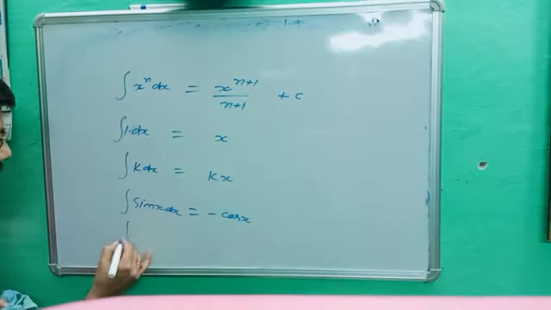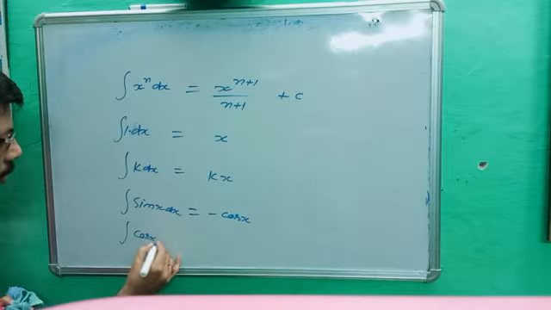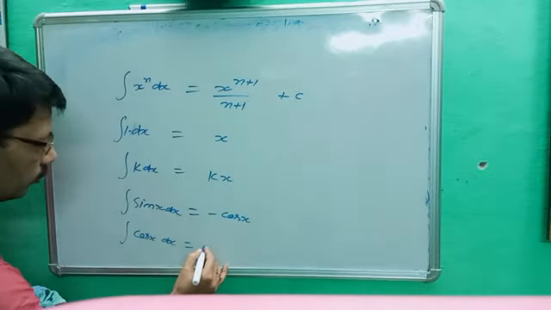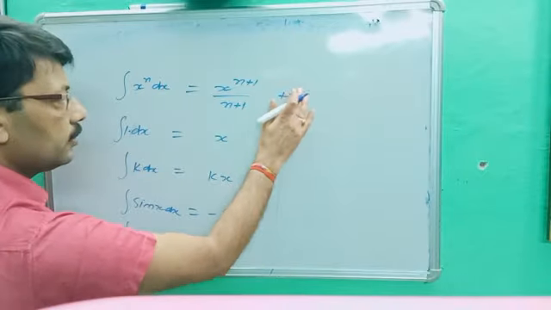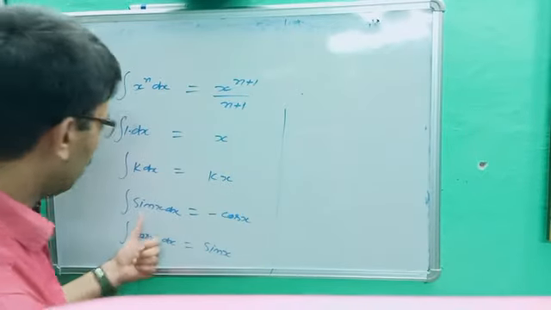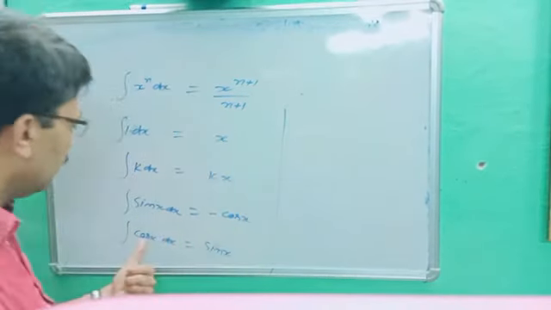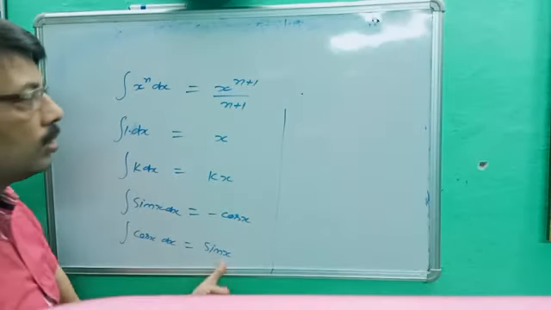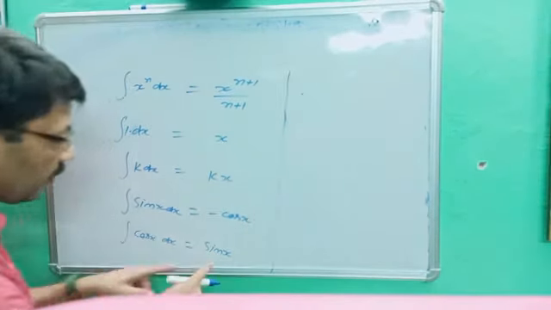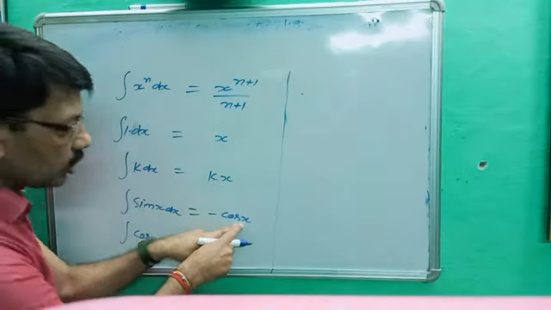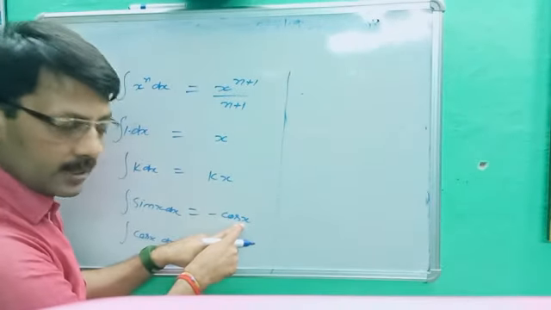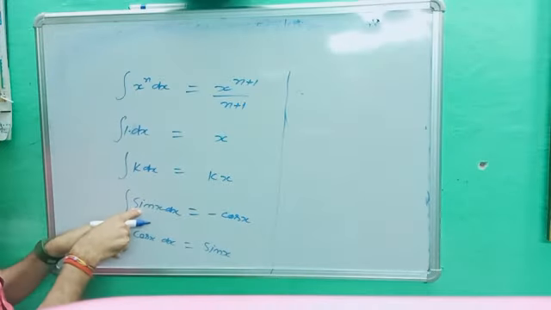Next formula, integration of cos x dx is equal to sin x. Are you getting the points? Integration of sin x dx is equal to minus cos x, and integration of cos x dx is equal to sin x, and differentiation of sin x is equal to cos x. You can see the differentiation of cos x is equal to minus sin x, and minus minus is plus. See there, you are getting plus.